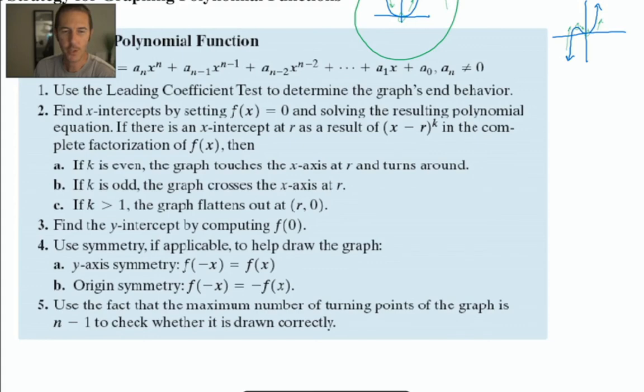Then we could use symmetry in order to help us draw our graph. We talked about the axis of symmetry when we were graphing a parabola in our conversation about quadratics. So that was one way, and if you look at that part of that video, it was pretty early on, I believe. We were able to graph one additional point by using an already graphed point and then reflecting it over the axis of symmetry.